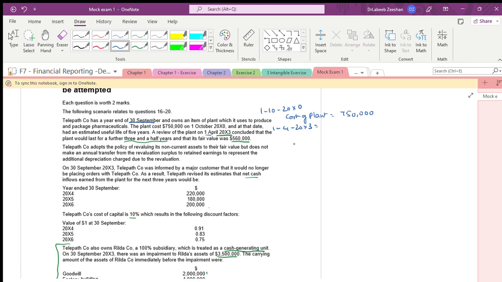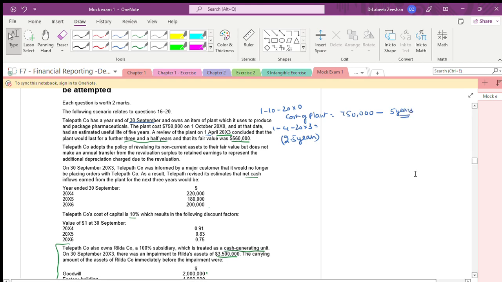Is it right? It means from here to here, how many years have gone? 2.5 years. Fine. And when they purchased the plant, what is the life of the asset? The life of the asset is 5 years.